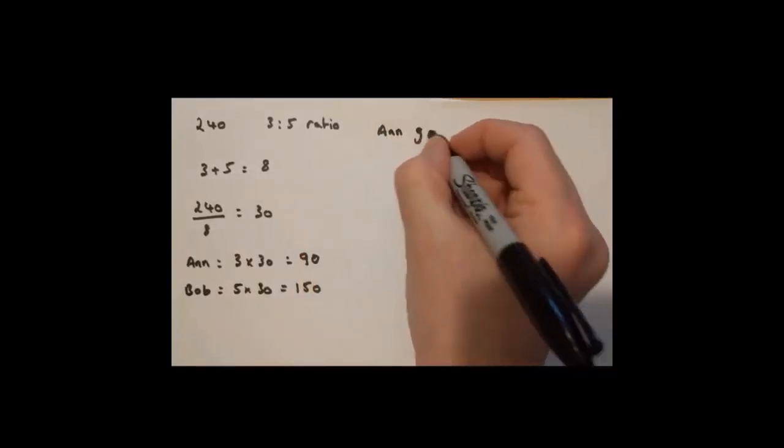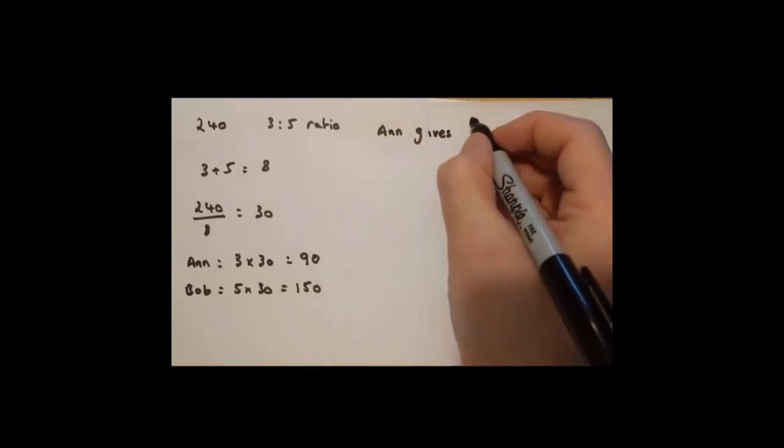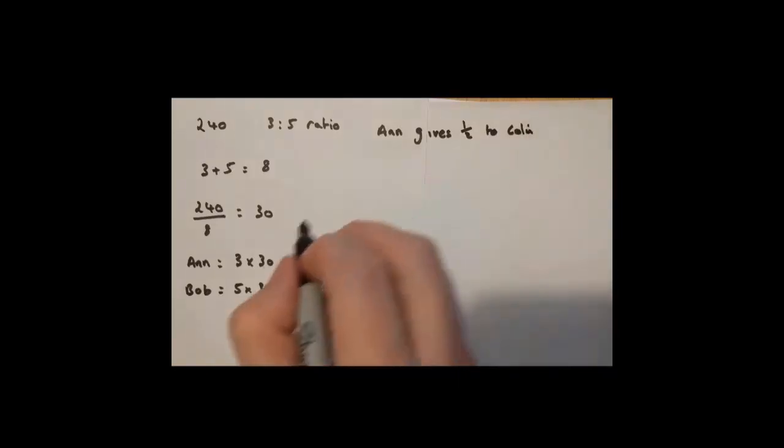Anne now gives away half to Colin. So to work out that, we do 90 divided by 2, which gives us 45.